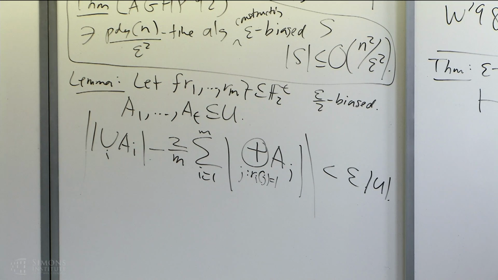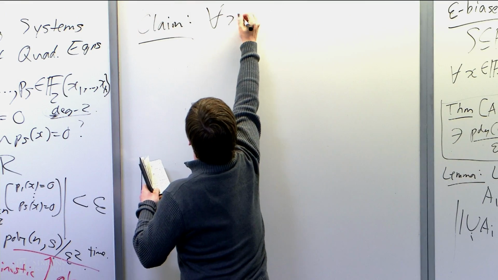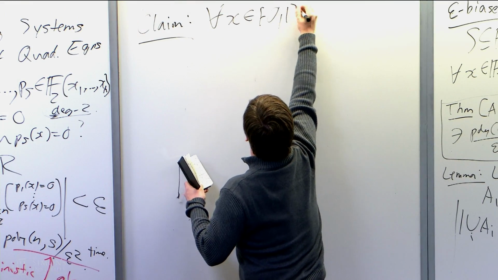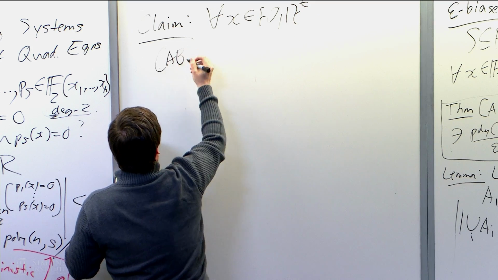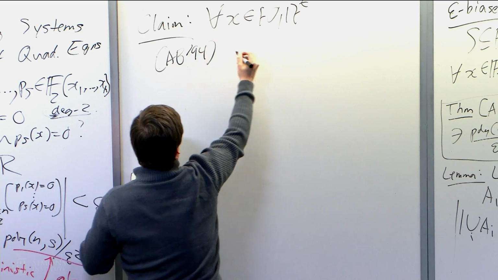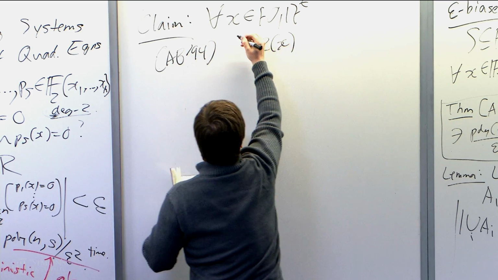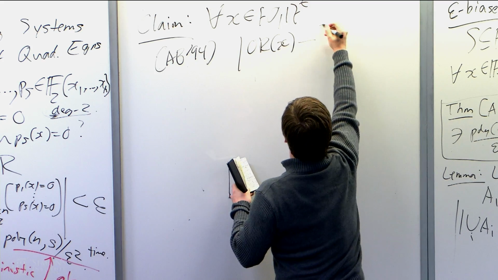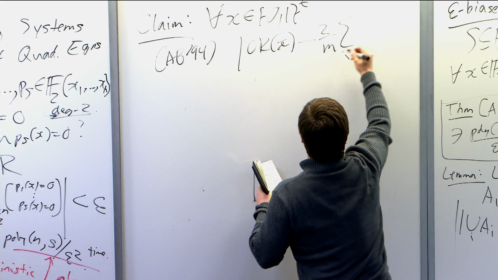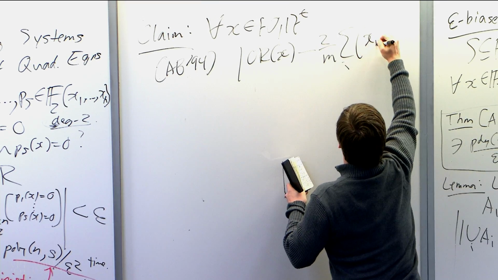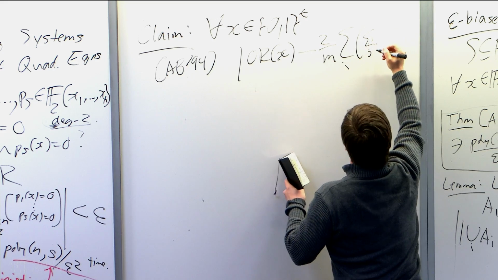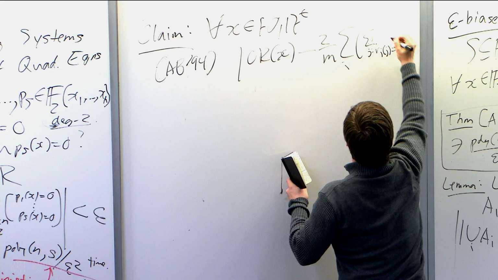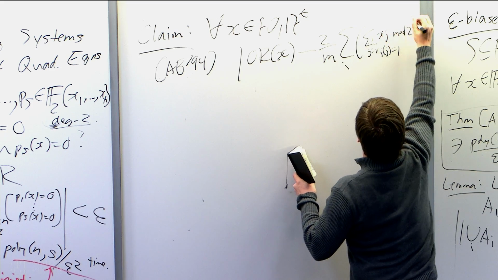It follows from the claim that for all inputs, say x on t bits, this is due to, the earliest reference I can find is Lawn and Brook from '94, the OR function on those t bits is very closely approximated by 1 over 2m, sum of these i's, and then I compute for each of these i's is j, r at j equals 1, x of j mod 2.